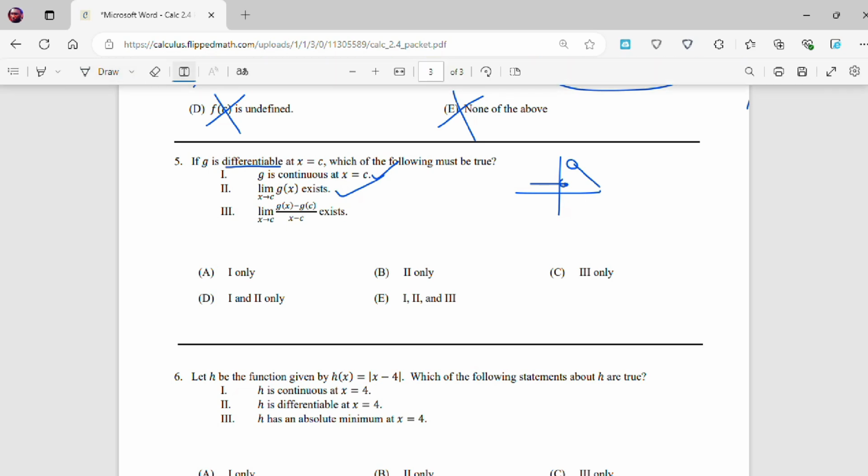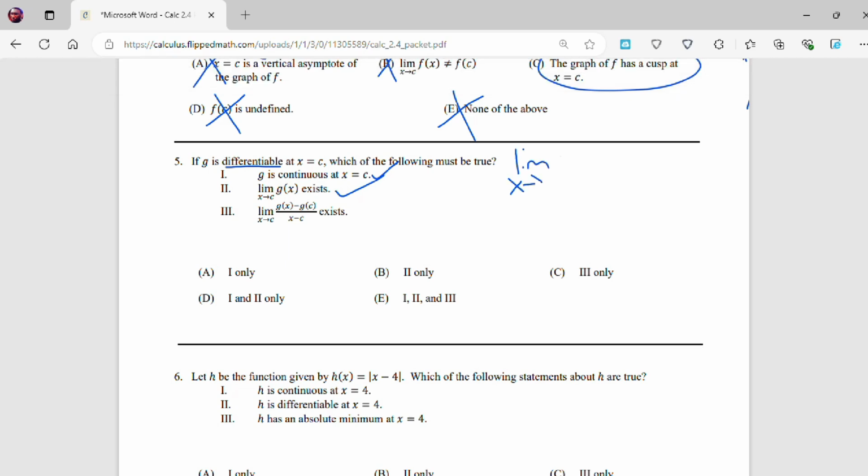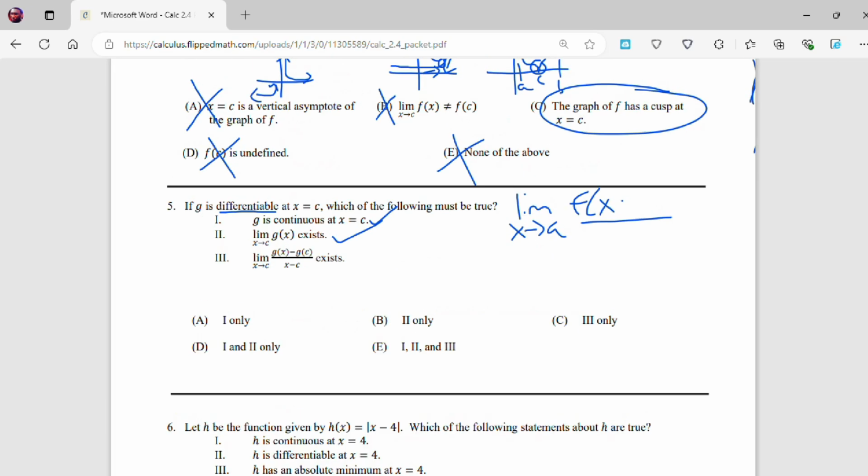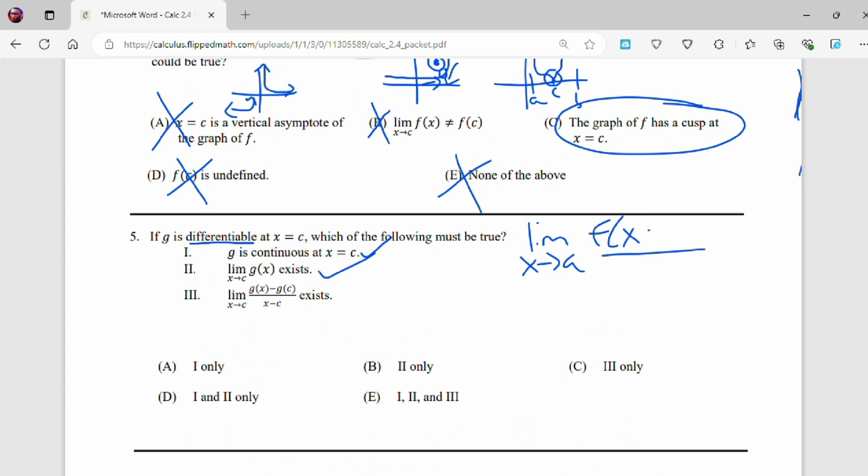The last one, we have limit as x approaches c of g of x minus g of c divided by x minus c. Now, if you remember from a couple lessons ago, we have this formula, limit as x approaches a of f of x minus f of a over x minus a.